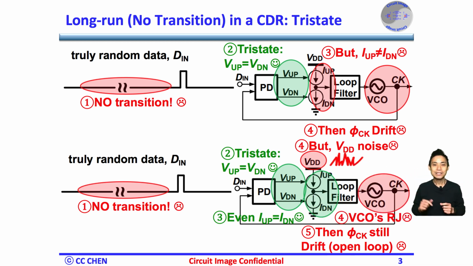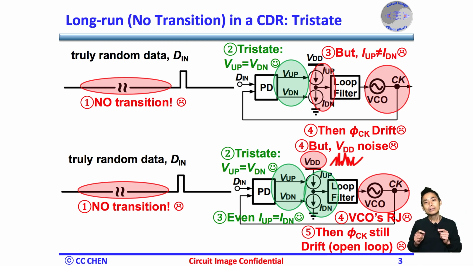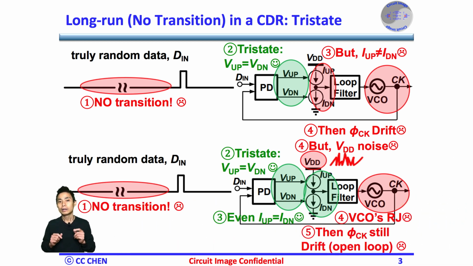Therefore, the VCO phase will still drift due to the supply impairments or the VCO intrinsic jitter during the open loop operation, which comes from no data transition. At this point, you should have a better image that encoding or decoding of the raw random data should make data transitions more frequent in a bounded way and help the clock recovery operation in a more robust way.